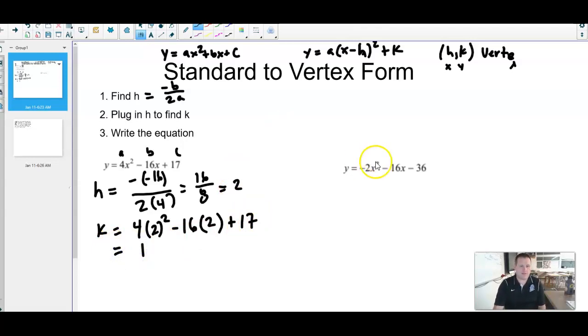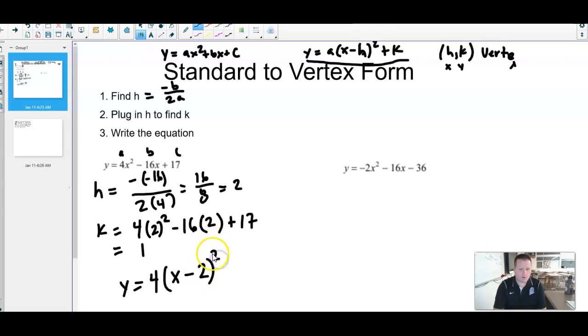Okay, so I have h is 2, I have k is 1, and then the last thing is to write my equation. I'm going to write it with this form right up here. So I just write y equals, and then I'm going to put a is 4, because that's what a is for the standard form, so that doesn't change. And then it's x minus h, which is 2.